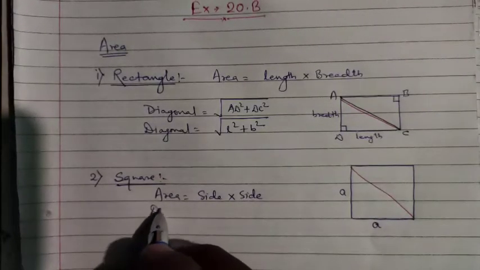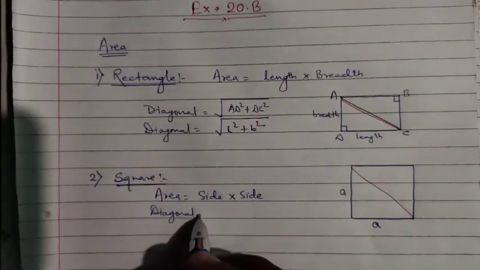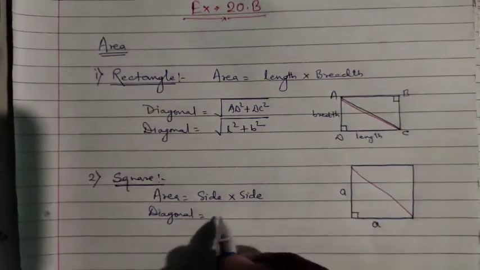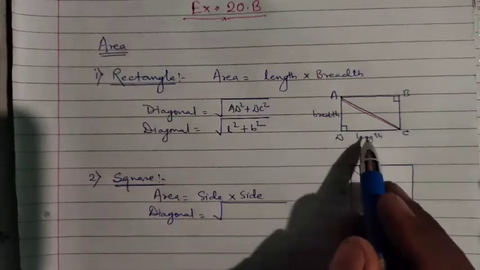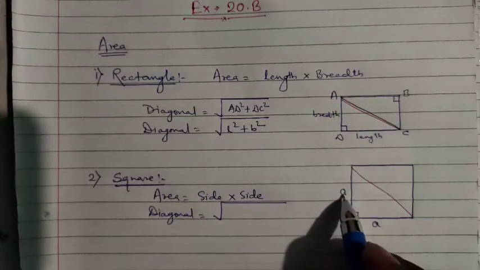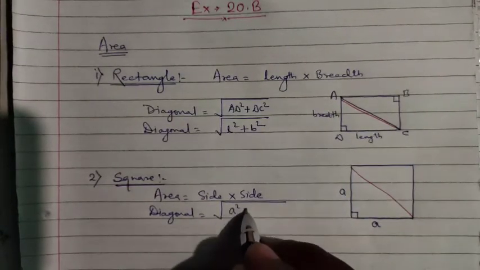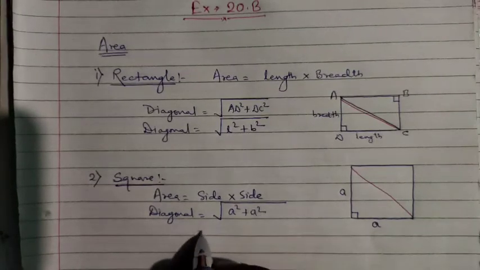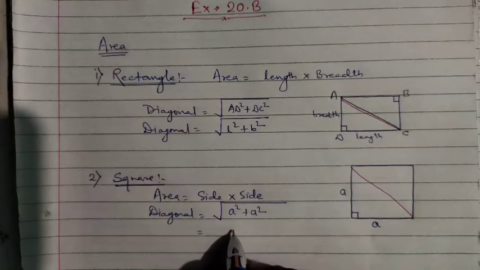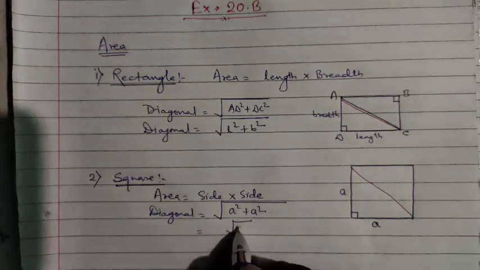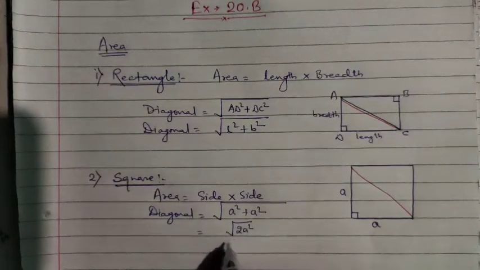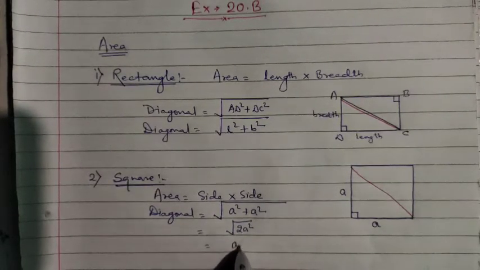Diagonal for square will be, again we will be using the same thing, under root, in place of length here A, in place of breadth also A. That means we can write A square plus A square, and if we convert it, it will become under root 2A square, and this A is having a pair, so A will come out, A root 2.